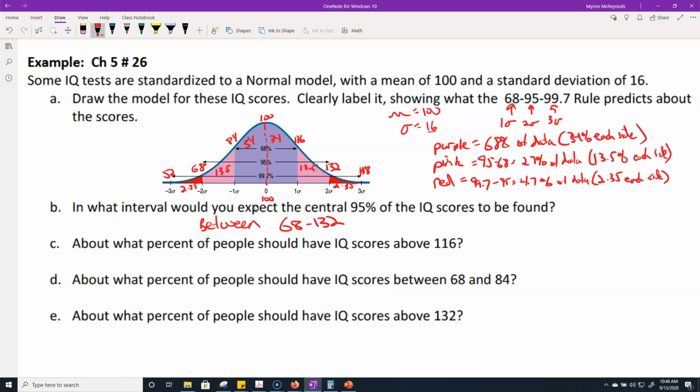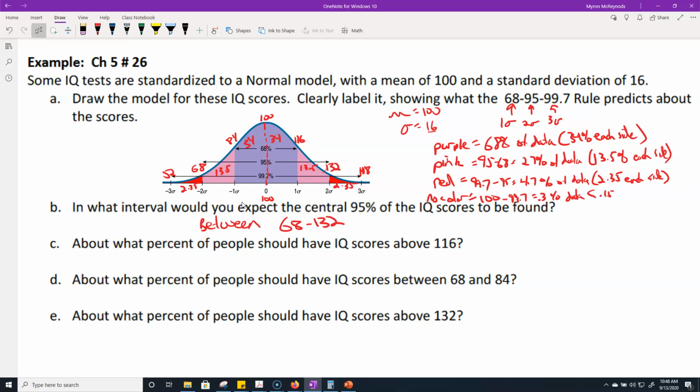But what about the ones that are below 52 and above 148? They're extremely rare, but they exist, right? So no color on the outside would be the whole thing is 100% minus 99.7, 0.3% of data, my bad. 99.7 would leave 0.3% of data.